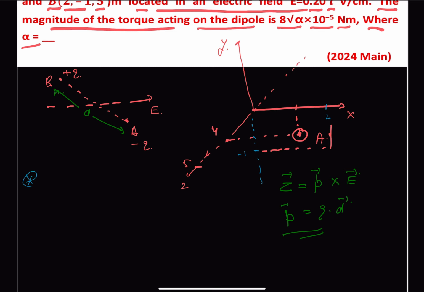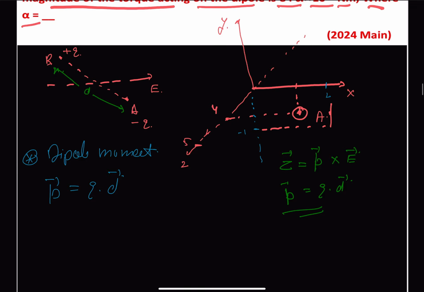So our dipole moment P is equal to charge and our d vector, which is the distance between the two, that is plus q and minus q.